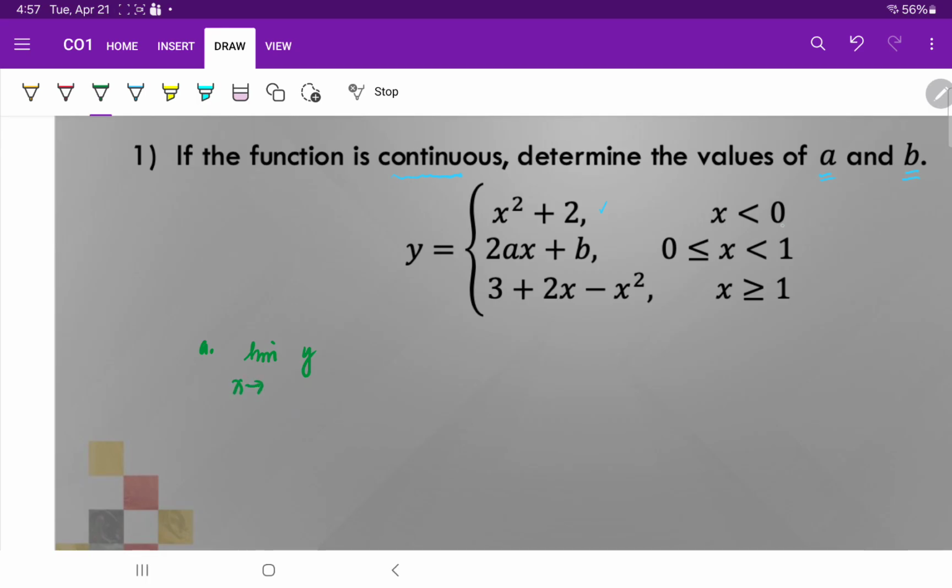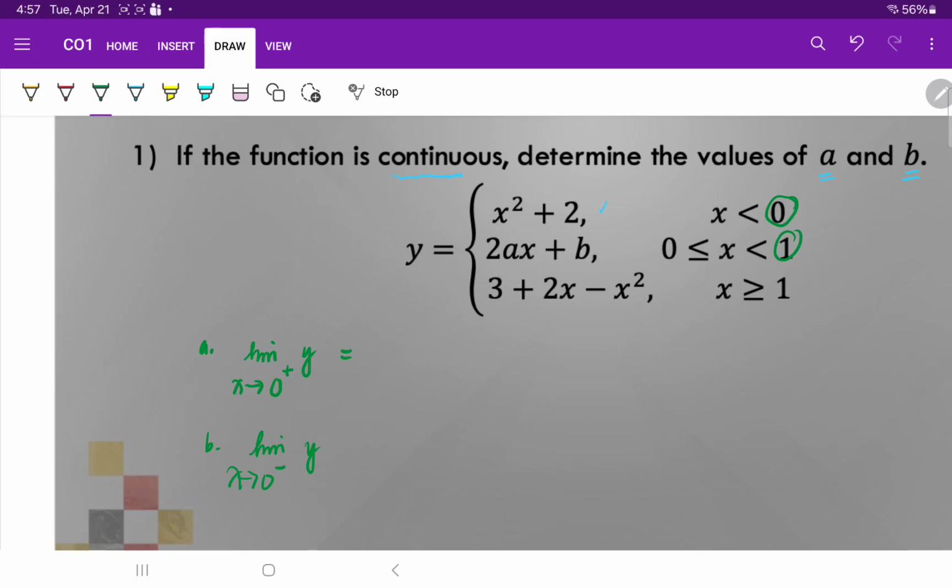Take note that you only have 2 numbers here, 0 and 1. So you'll be looking for the limit of y as x approaches 0 coming from the right, and the limit of y as x approaches 0 coming from the left.